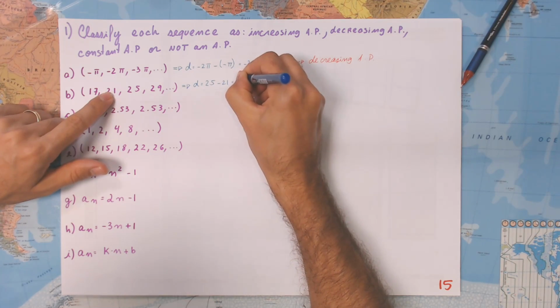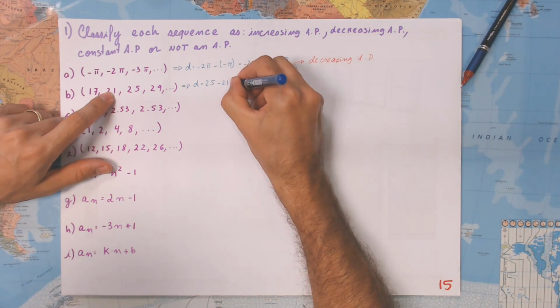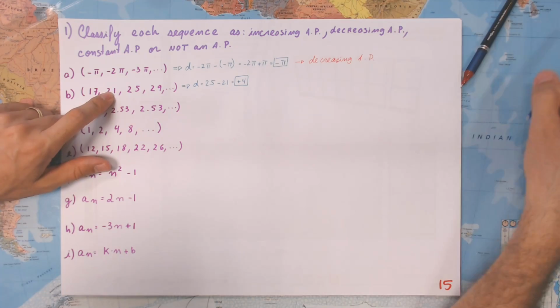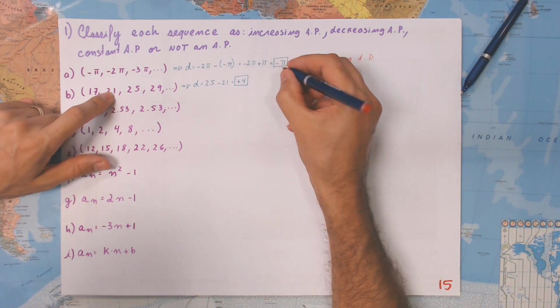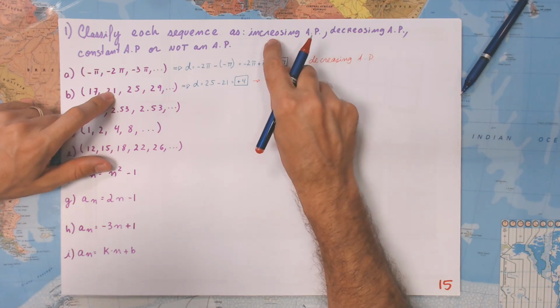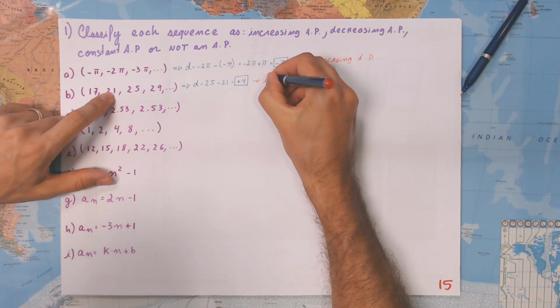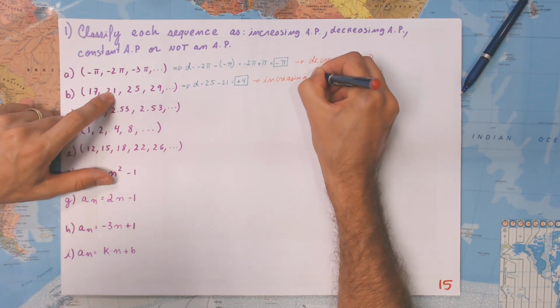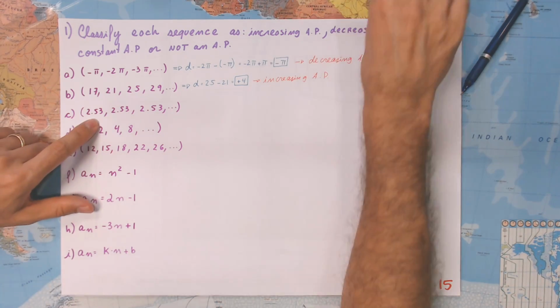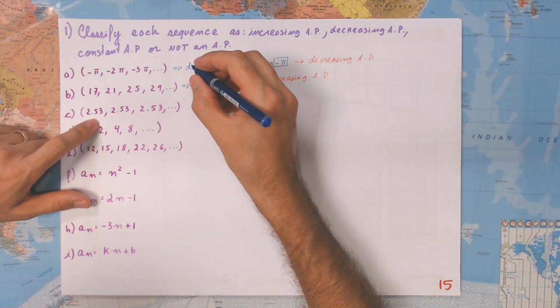This is a plus 4. We have a positive common difference, and that means that we are going to be dealing with an increasing arithmetic progression.